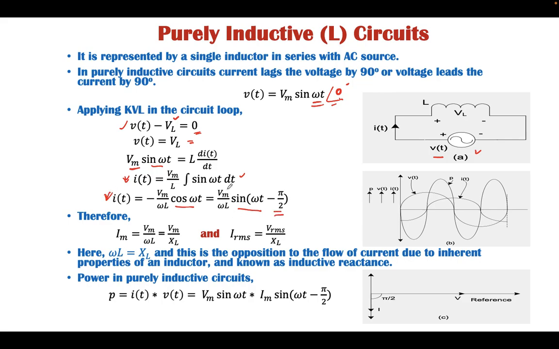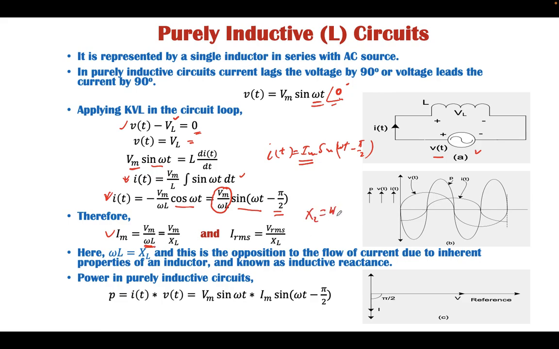Now this quantity is considered as constant. If we compare this equation with the standard form, in standard it will be equal to Im sine of omega t, and here the angle is minus pi by 2. Then we can say Im is equal to Vm divided by omega L, and in this case omega L is nothing but XL.